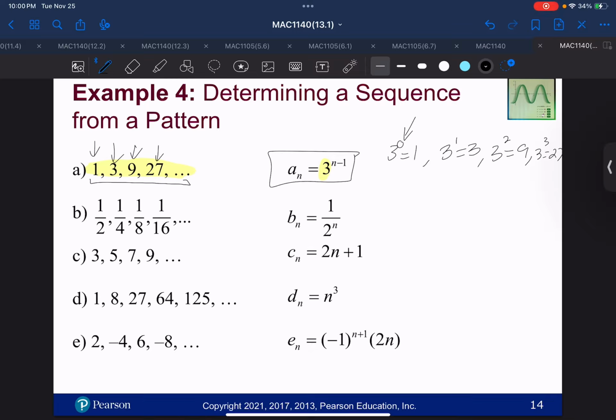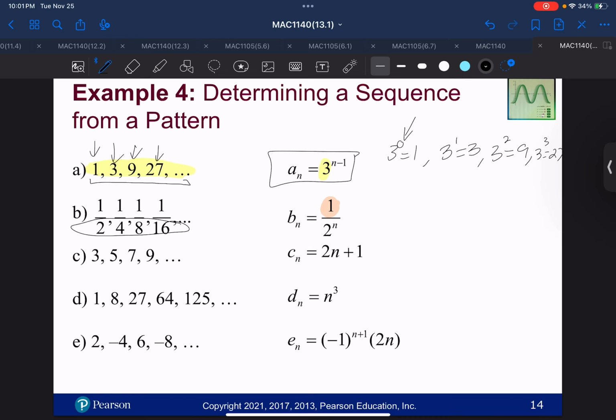Okay, the next one is going to be a fraction, and I know that because these are all fractions and they all have a 1 in the numerator. So I know that my formula will have a fraction and the numerator will be 1. Then I look at the denominator. These are all powers of 2. You might think they're all multiples of 2, but they skip a 6 and a 10. It's not all the multiples of 2, because that would be 2, 4, 6, 8, 10, 12.